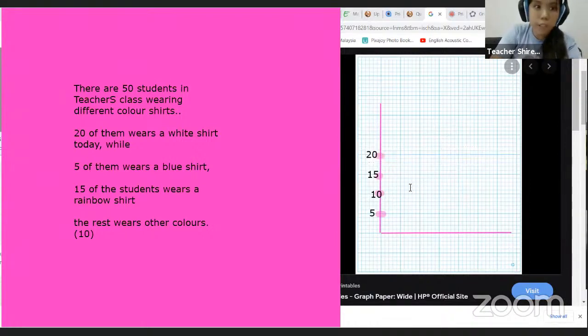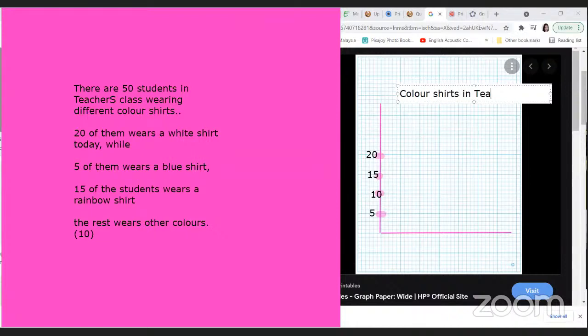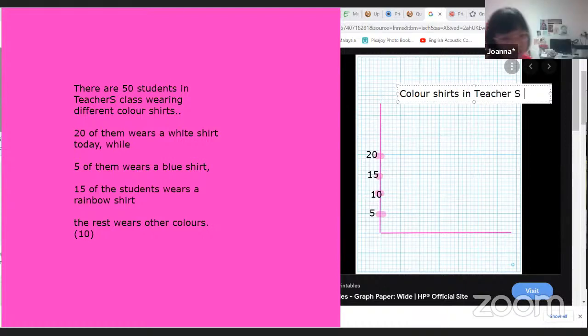Okay, so you need the header, color, shirts. Teacher, picture, yes, about the shirt, the color of the shirt. Yes, just the same question, but I just want you to learn different presentation for the same question, so you understand what it means.